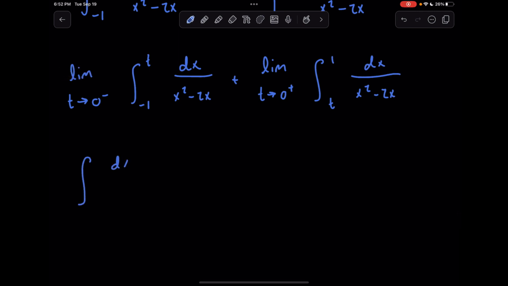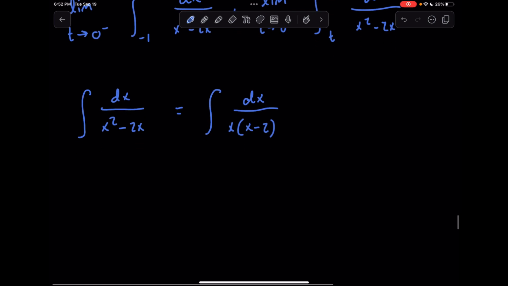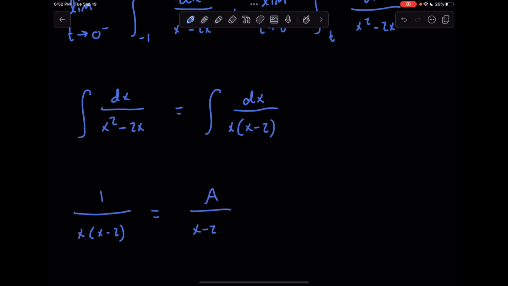So this is dx over x squared minus 2x, and we're going to solve this by using partial fraction decomposition. So this is the same as dx over x times x minus 2. So 1 over x times x minus 2 equals a over x minus 2 plus b over x.